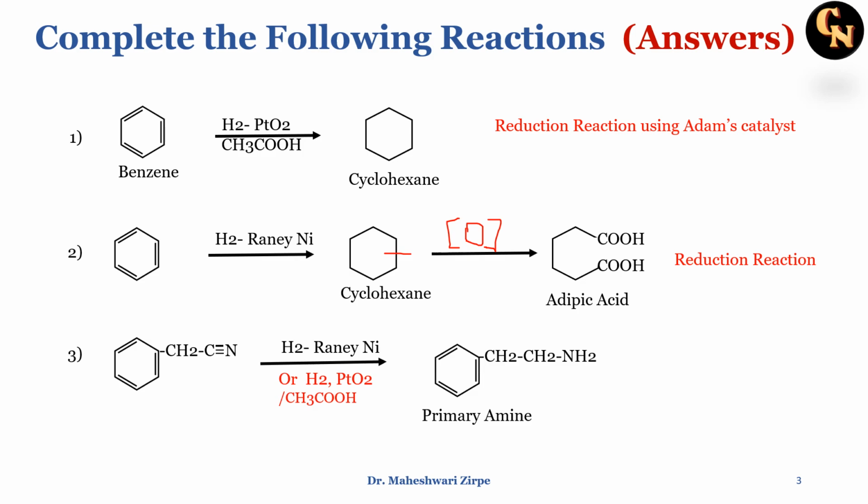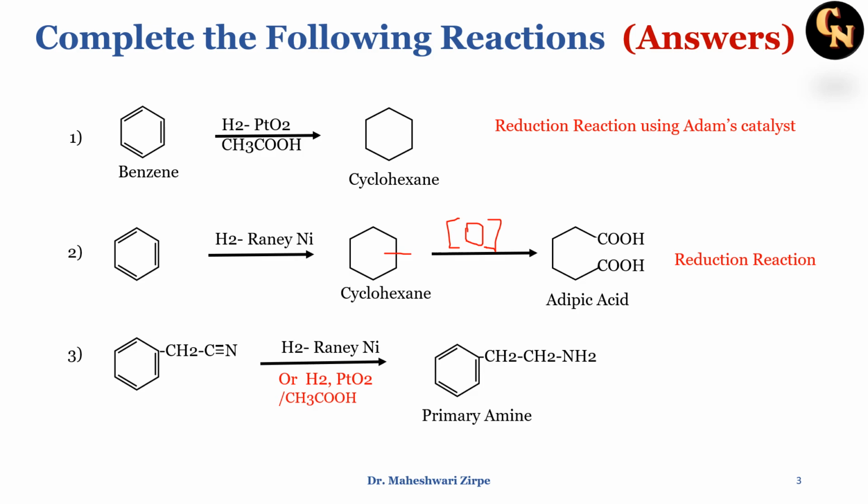Now the next one is a benzene ring with a cyanide, CH2CN, which we call either nitrile or cyanide, and on the arrow Raney nickel and Adams catalyst, or Adams catalyst, can be used. If either of them is used, or if it is there in the exam, you should know that both of them are going to reduce the cyanide, that is the triple bond, to the single bond, where hydrogens get added on each atom, that is carbon and nitrogen.